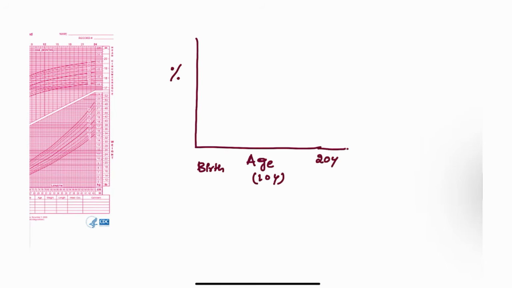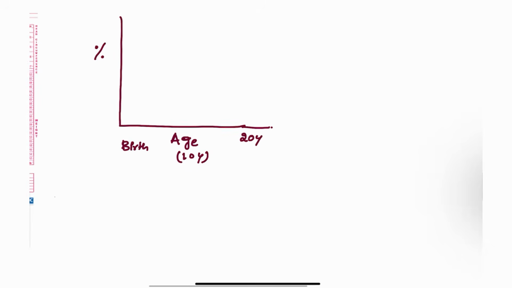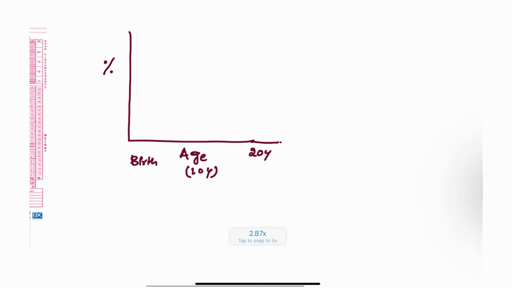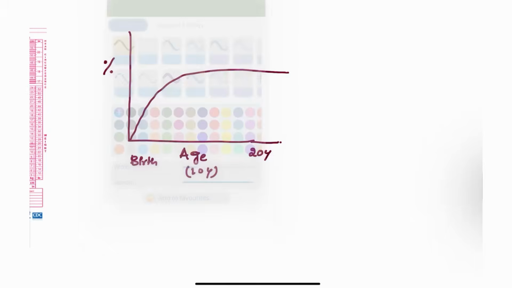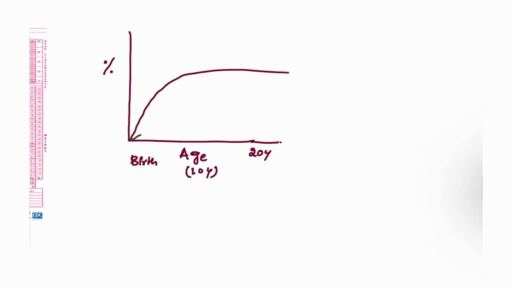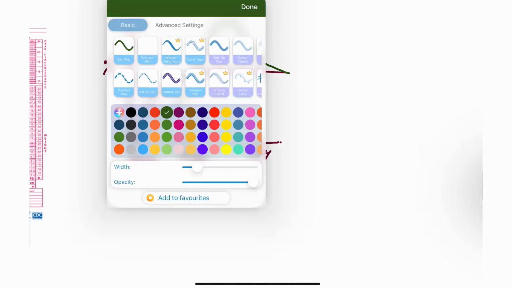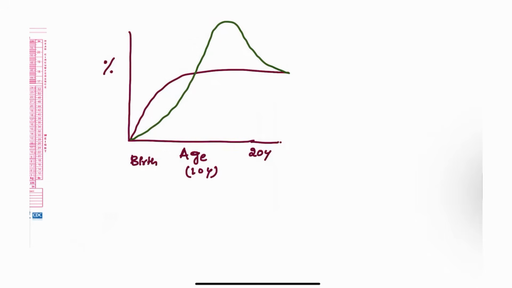Okay, right. Let's see. First we are going to discuss how the brain growth is seen in this patient. Usually the brain growth at birth is going to be less only. So over the time brain growth will increase, right? Next, coming to the lymphoid growth. Lymphoid growth will be maximum at 10 years of age. Then again it will decrease. Then we are going to look at the gonadal growth.